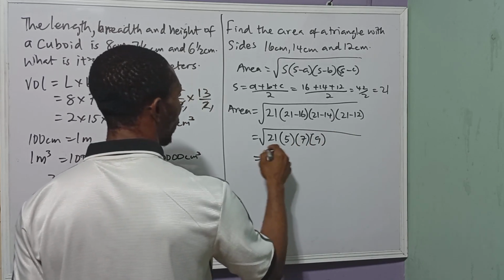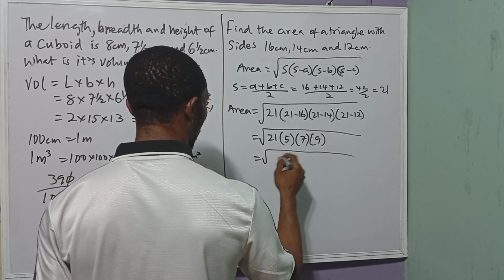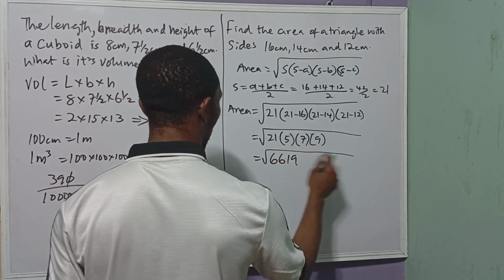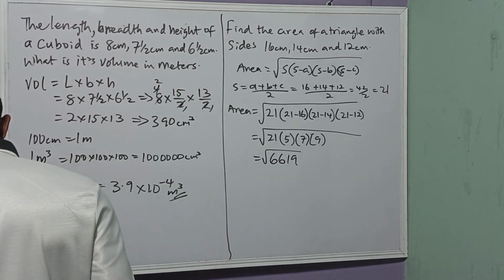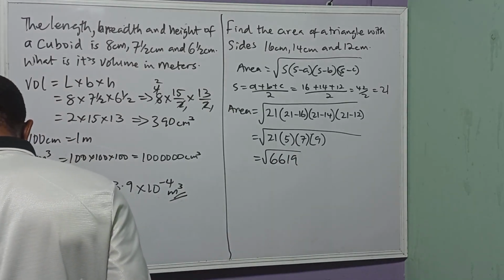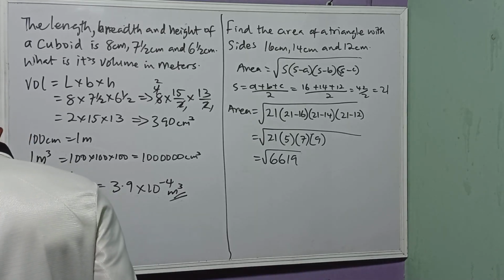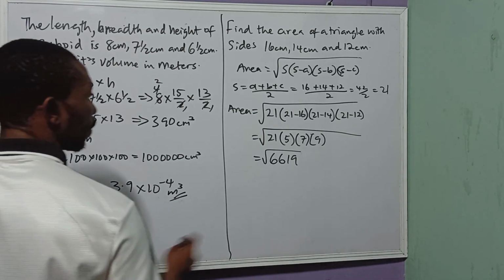So this we will have as 21 times 5 times 7 times 9, which gives us root 6615.